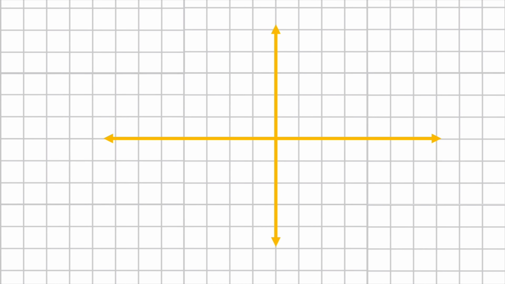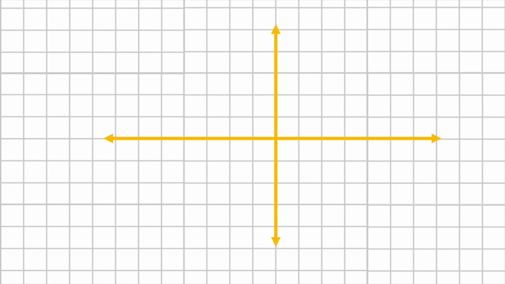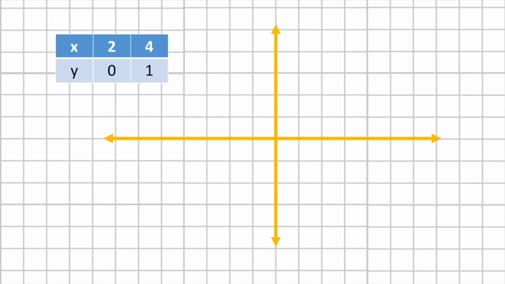Now, in step number 5, we will plot all the points that we got earlier. So those are (2, 0) and (4, 1). But before that, we will plot first the vertical asymptote. Our vertical asymptote is at x is equal to 1, and that corresponds to the green line. Next, let us plot (2, 0).